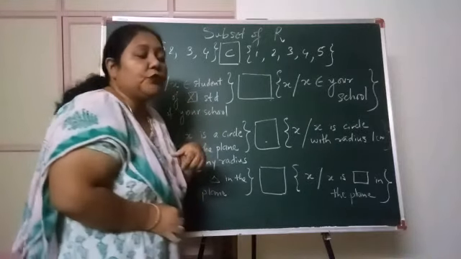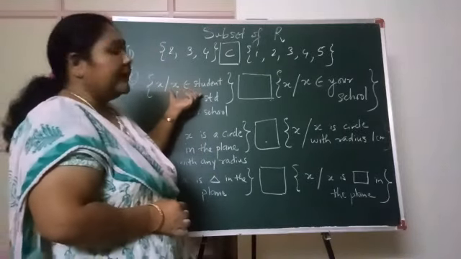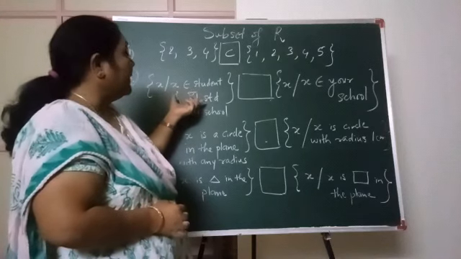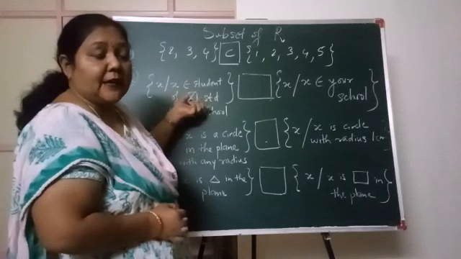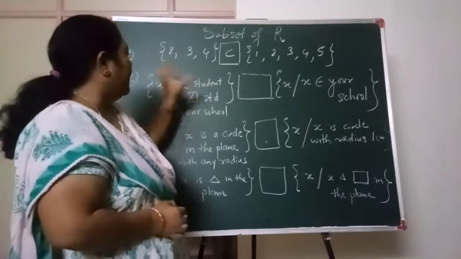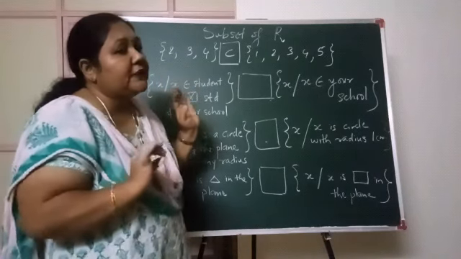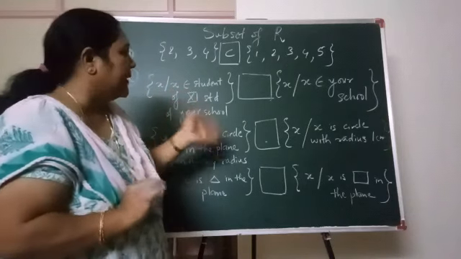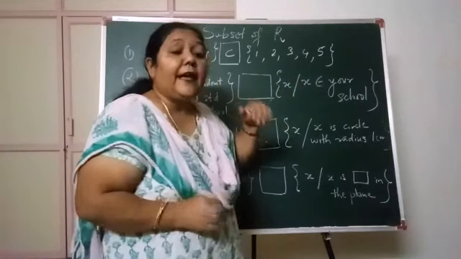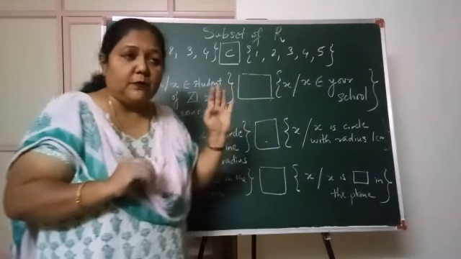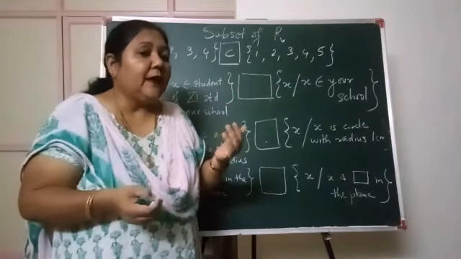Now we go to the second question. The set here, the first set is a student, any student of 11th standard in your school. यानी कि पहले set में क्या है? Only students of 11th standard. And second set जो है, the set is what? Any student of your school. मतलब any student के अंदर क्या आ सकता है?